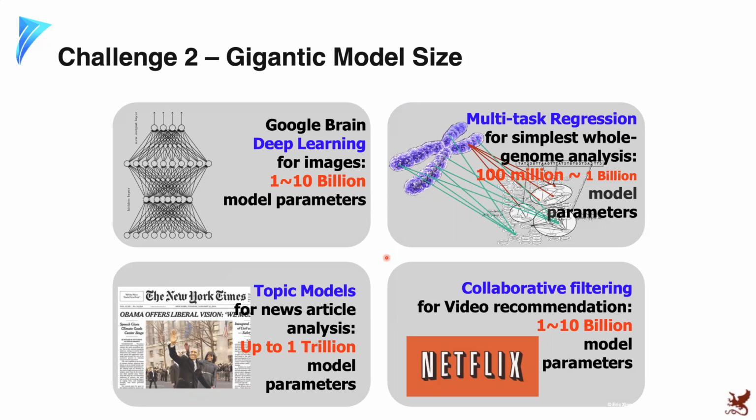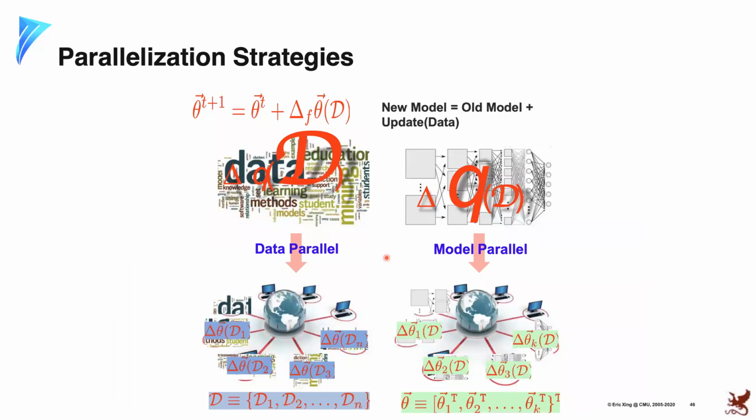But now, if you look at all these very successful designs, the number of parameters is very large, right? So based on both the model size and the data size, we need to call for some designs for some scalable algorithms.